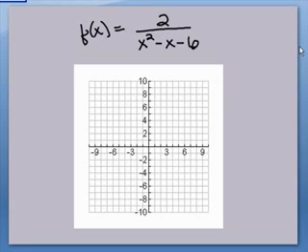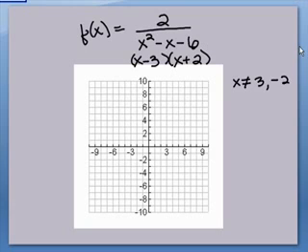If we're looking for the domain on this one, we look to the denominator, and what we have to do there is factor that denominator. We've got x and x, factors of -6 whose sum is -1. We're going to have -3 and positive 2. So our domain is all real numbers except x cannot equal 3 or -2.